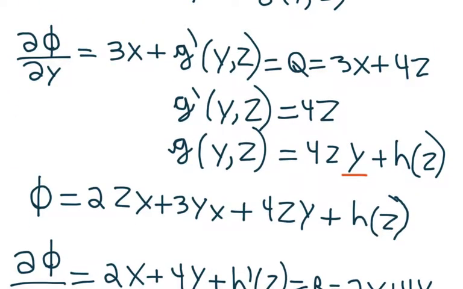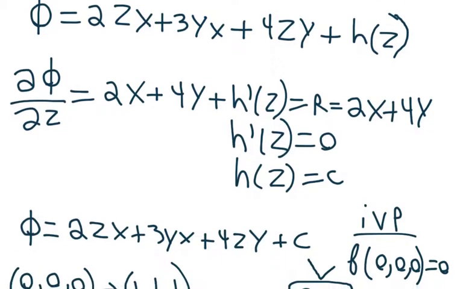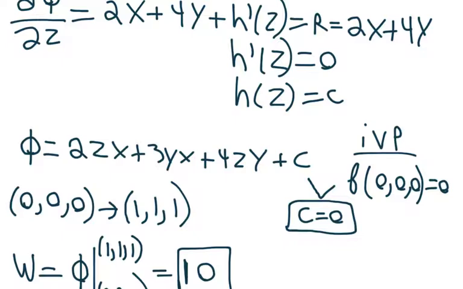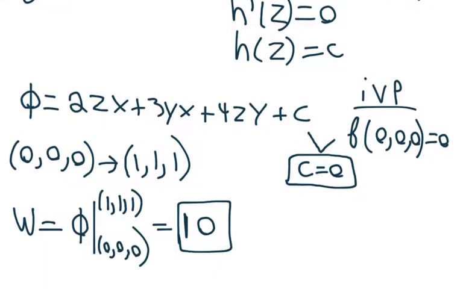And so, h'(z) is going to be equal to 0, and h(z) in that case is going to be just c, a constant. This is where our initial value comes into play, because we had f(0) is equal to 0. So if we plug in x as 0, y as 0, z as 0, we find that our constant is also equal to 0.